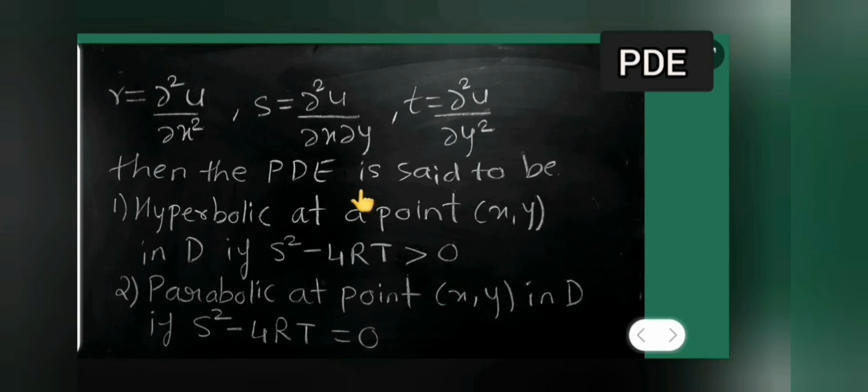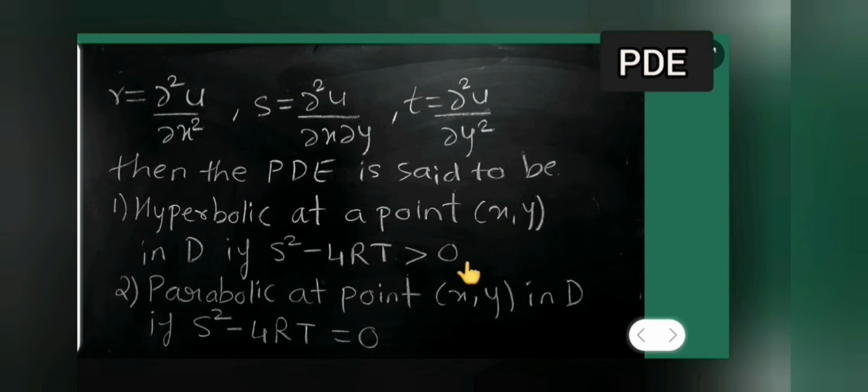Then the PDE, that is partial differential equation, is said to be hyperbolic at a point (x, y) in D if s² − 4rt is greater than 0.